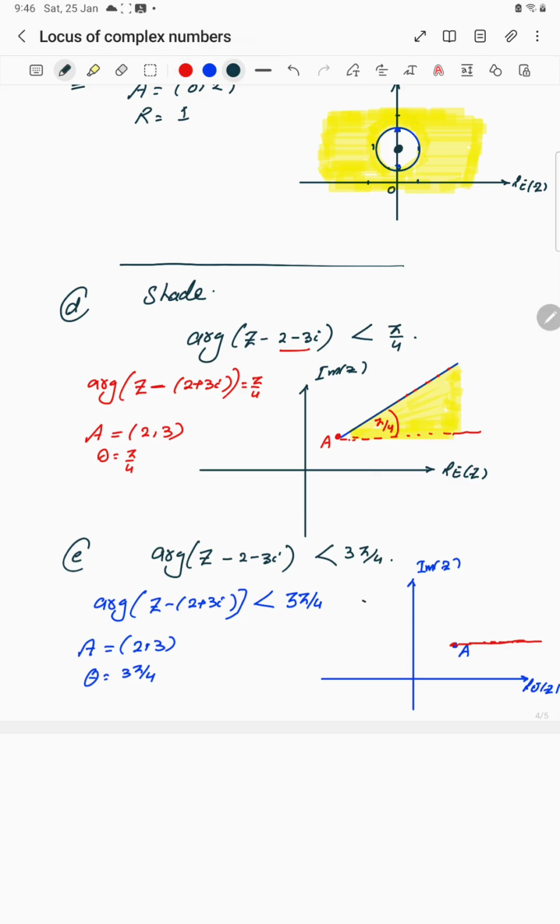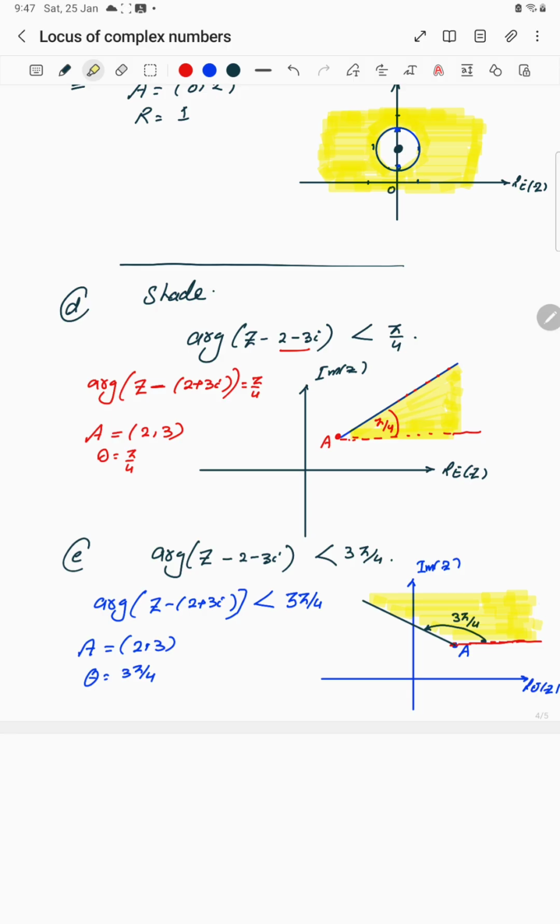So it will be around here, more than 90. And suppose this is 3 pi by 4. And we need to shade the area that is smaller than 3 pi by 4, because from this point to this point it is 3 pi by 4 anticlockwise. So the shading area will be all this. Below this black line will not be part of your solution, less than the black line. All this area will be the shading part. I hope it is clear.